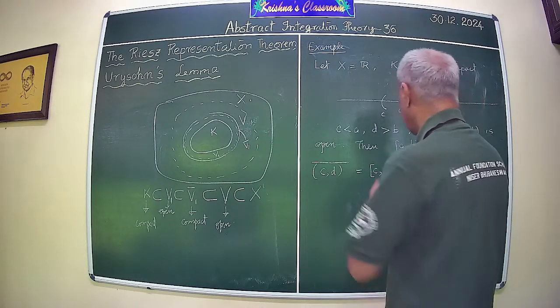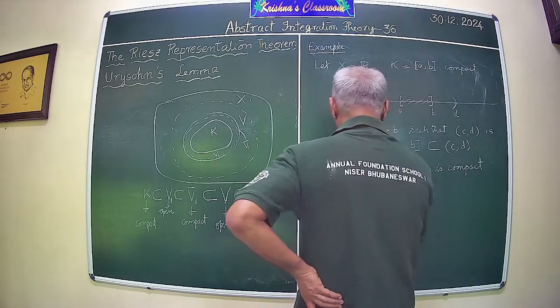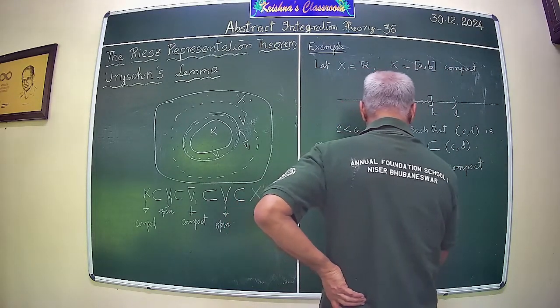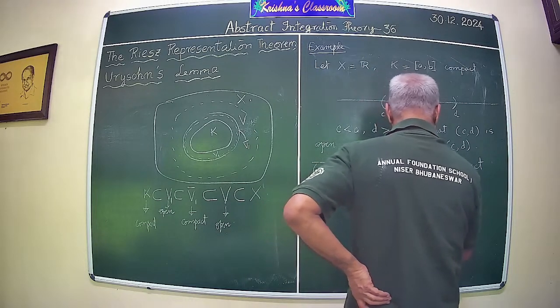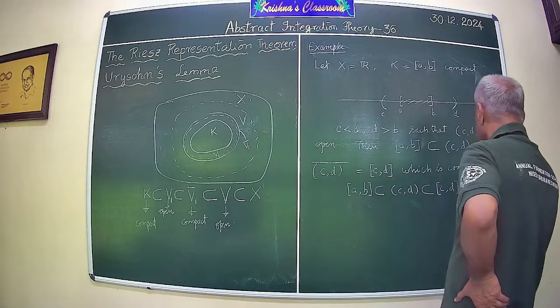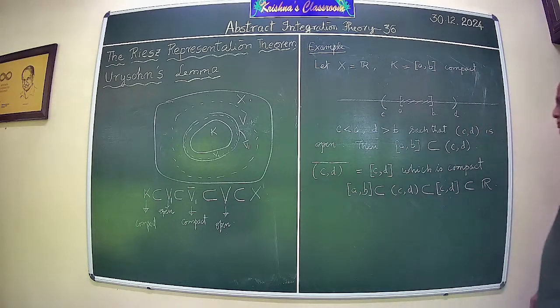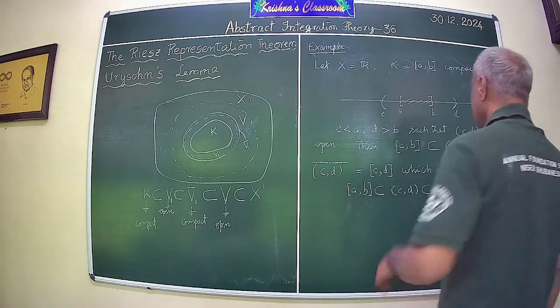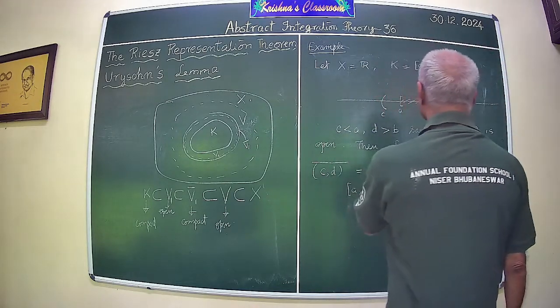And you see that AB, which is compact, is contained in that. Or in between, if you have an open set, then of course that also is there. Right?